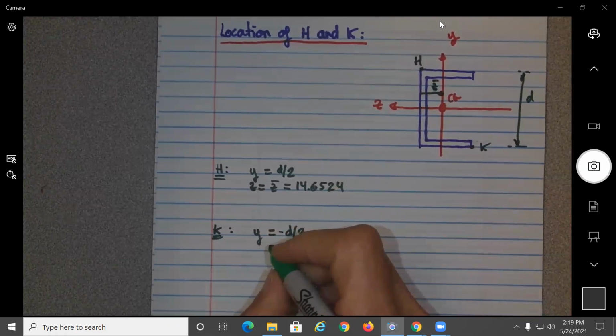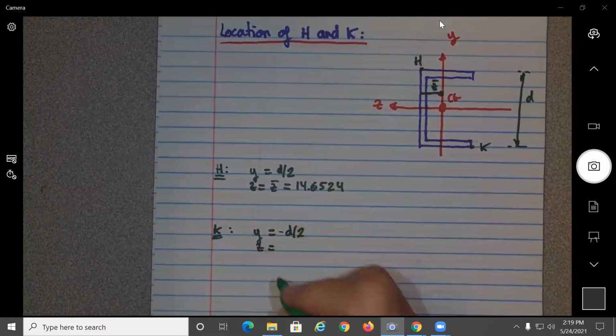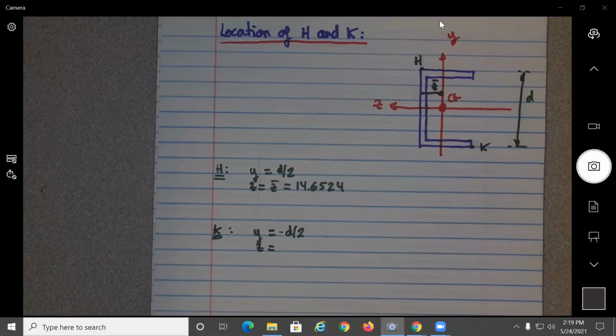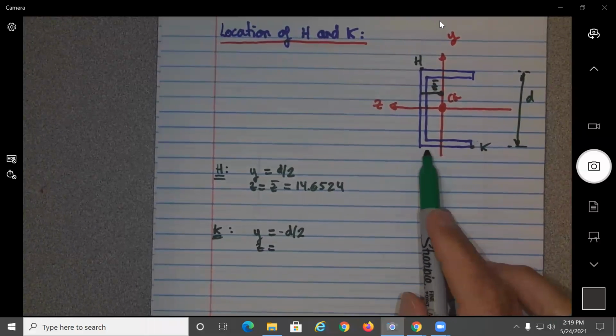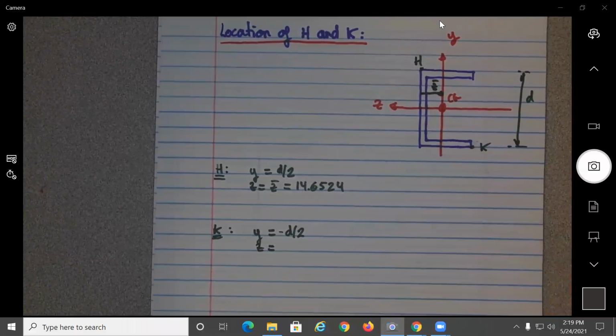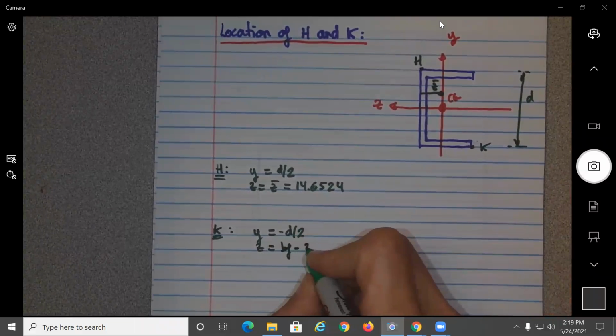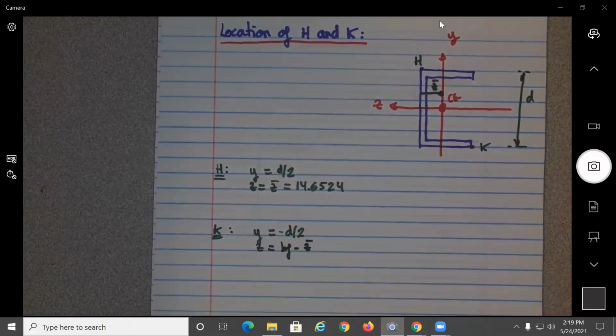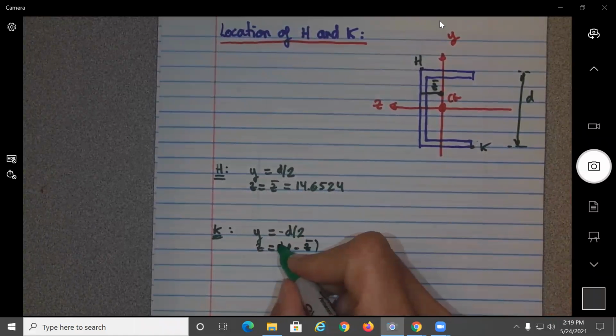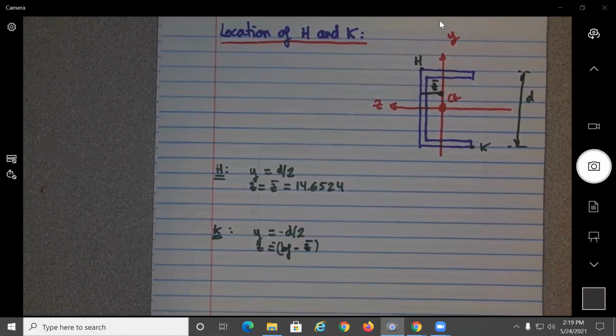And what would be the Z? Z will be negative, but would be equal to what? Would be equal to BF minus Z bar. And actually should be the negative value of that, if you want to use the negative value.